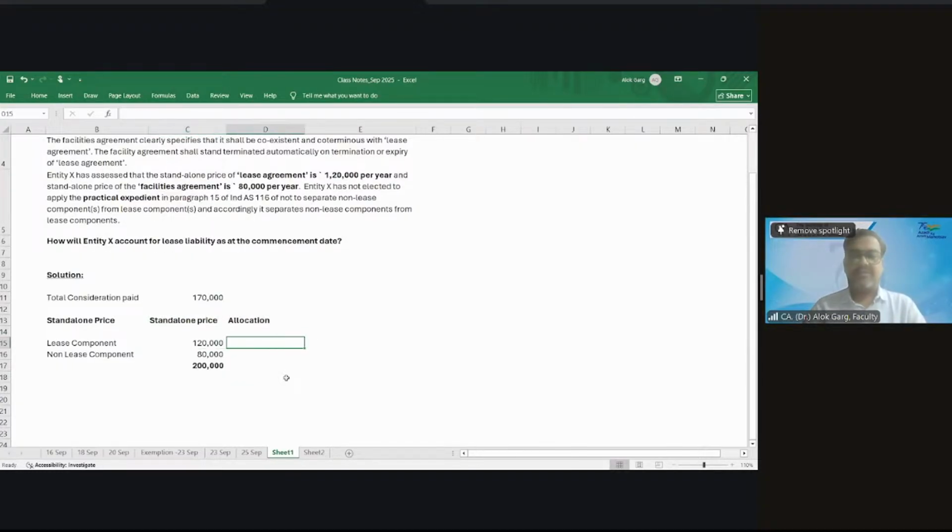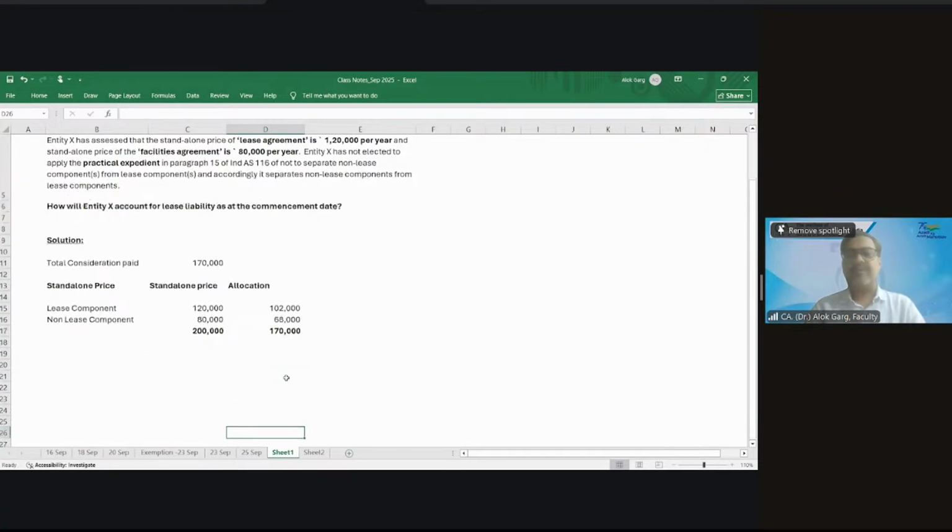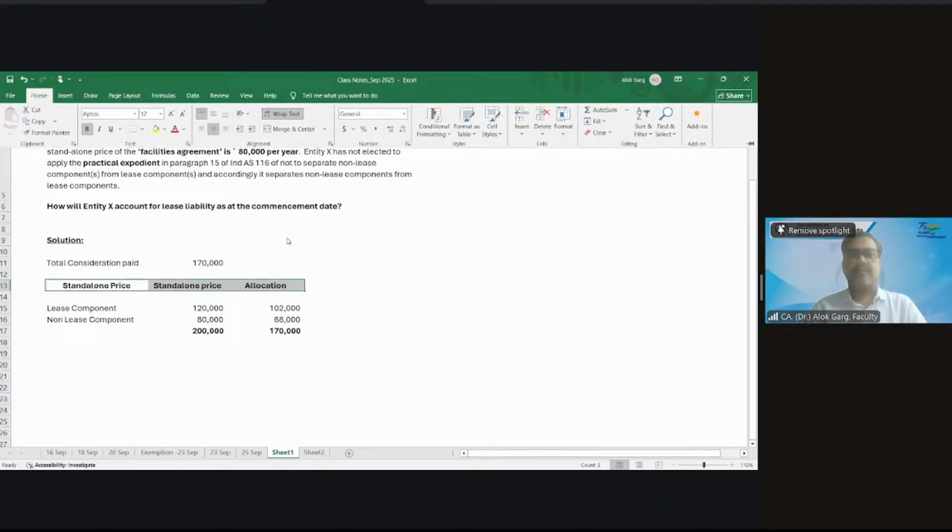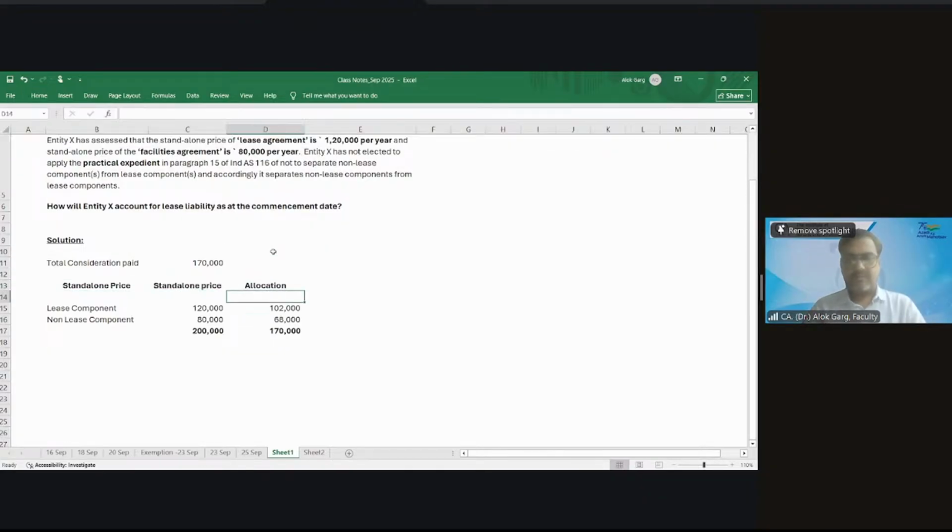This is my allocation: 170 multiplied by 120 divided by 2 lakh, and 170 multiplied by 80 divided by 2 lakh. This is the allocation.